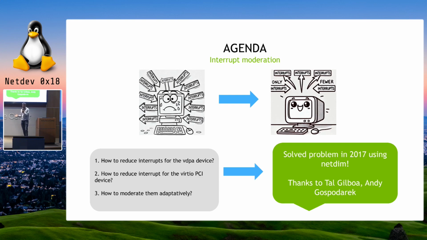And these are based on the DPU or Bluefield 3 that we come across. So how do we moderate the interrupts for these two? And the third part of that is how do we do it adaptively so that based on the dynamic workload, we can adjust to it.